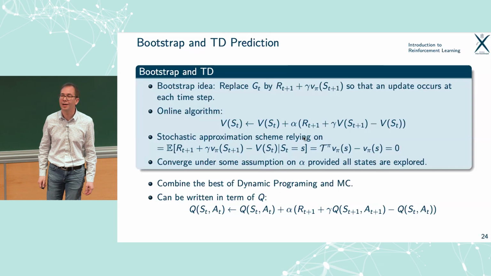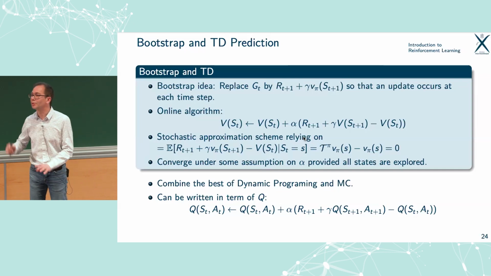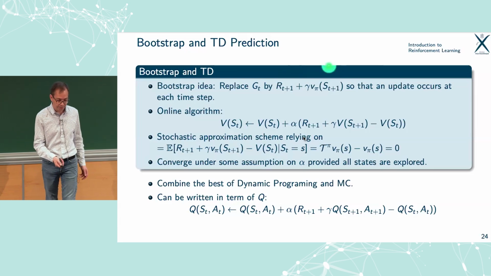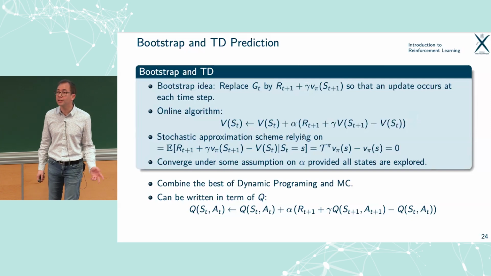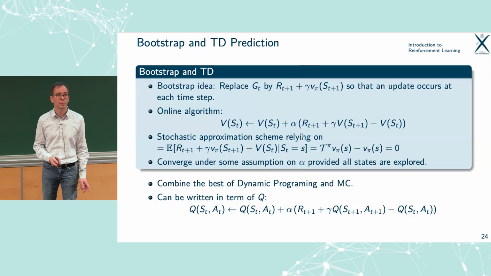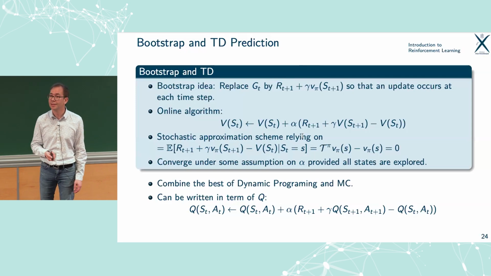I'm writing down here v pi, but we don't know it, so that's going to be an estimate. It leads to an algorithm that you can write down. Is this going to work? Probably yes, otherwise I wouldn't mention it.